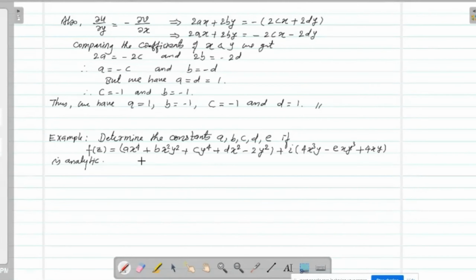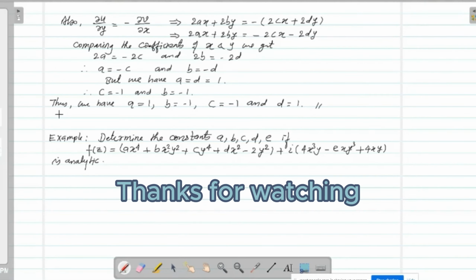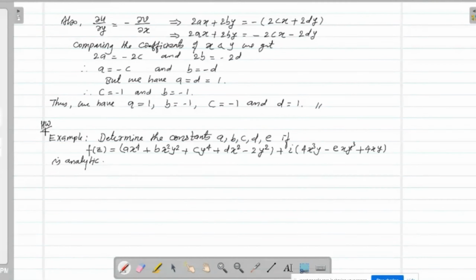Find all the partial derivatives of this function by comparing the real and imaginary parts, equate the equations and compare the coefficients. From that you will get the coefficients a, b, c, d. In some cases you have to solve some steps, then you can determine the coefficients. So this is a simple exercise for you, so please do this problem at home. This is a very important problem.